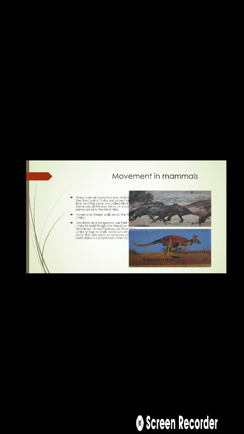Some animals stand or rest on their hind limbs and hold things with the forelimbs, such as kangaroo, monkey, etc.